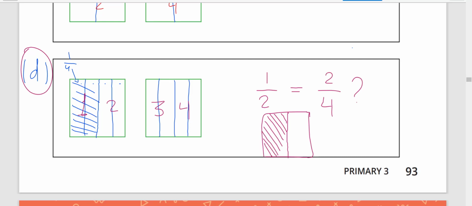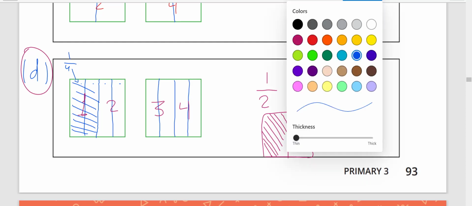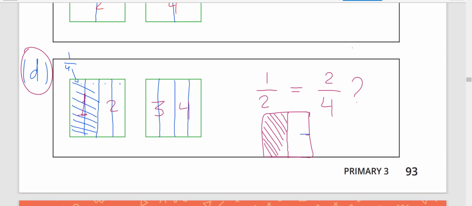When we divide each part into two equal parts like this, each part is a fourth.